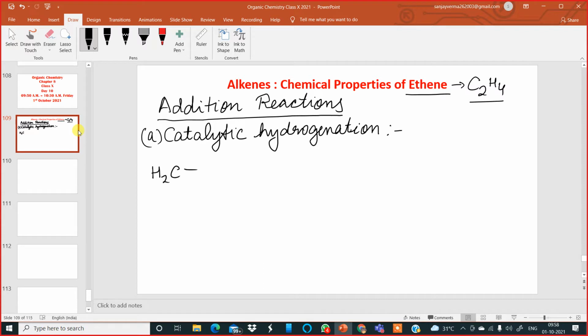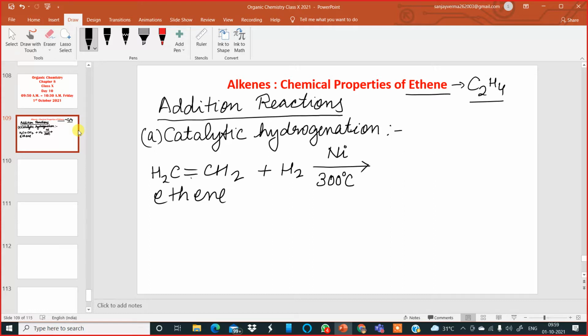H2C double bond CH2. This is how we write the structural formula of ethene. Now when you react this ethene with hydrogen gas in the presence of a nickel catalyst at a temperature of 300 degrees Celsius, then the double bond breaks into a single bond, and two hydrogen atoms attach to the carbon atoms in the ethene molecule.